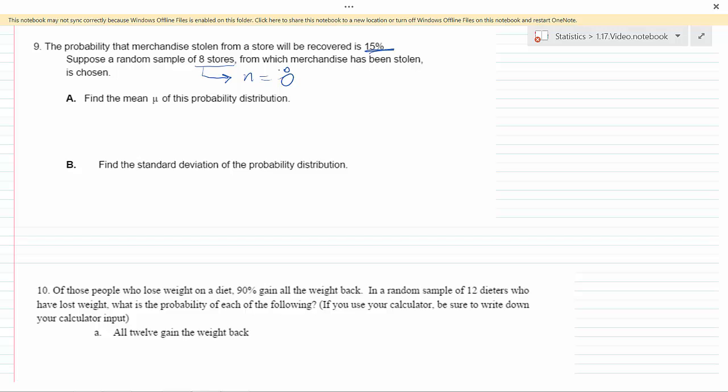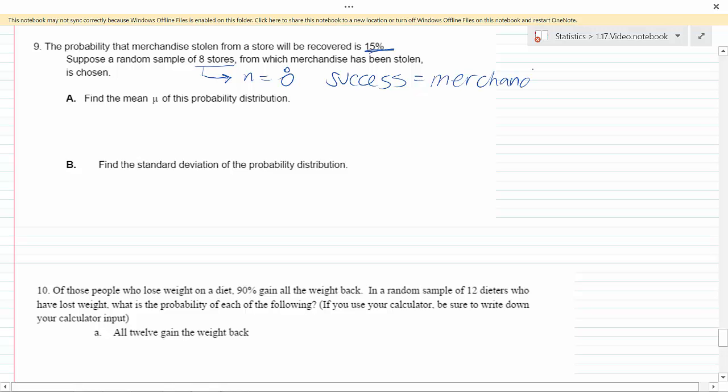Since we're taking data from 8 different stores and each merchandise has been stolen, I think we can say that this is independent. The probability of success, so the probability that merchandise will be recovered is 15%. We could say our success is the merchandise is recovered, and then we can say that that probability is constant at 15%.